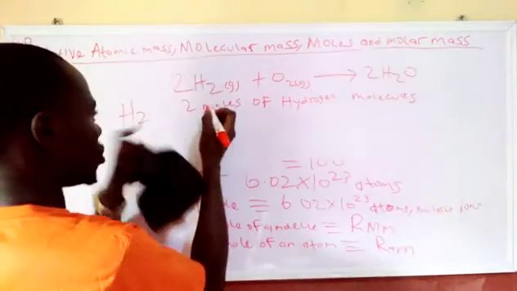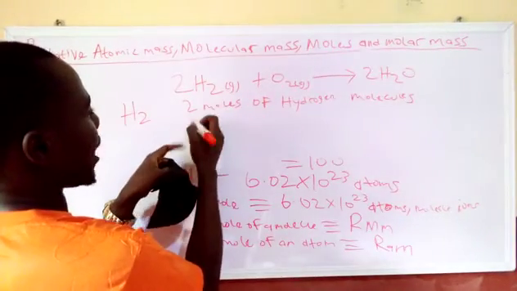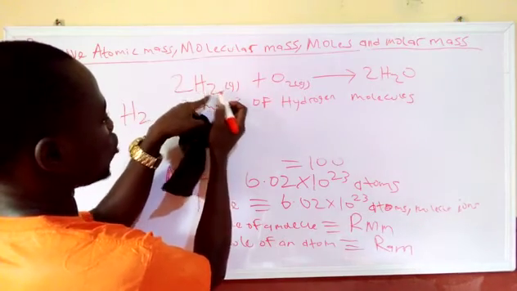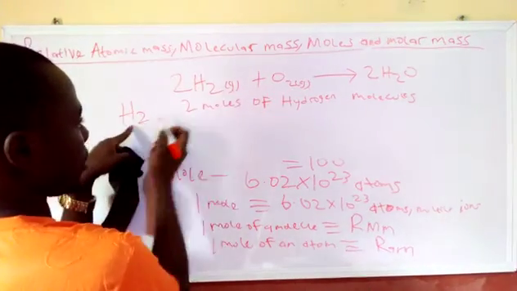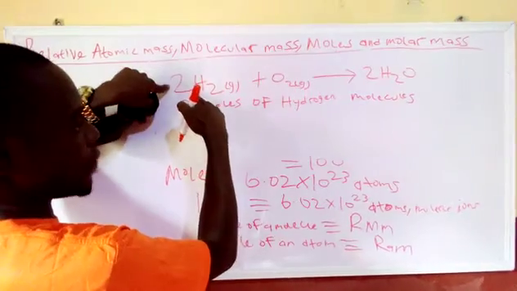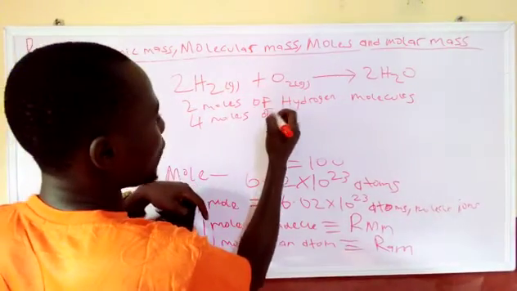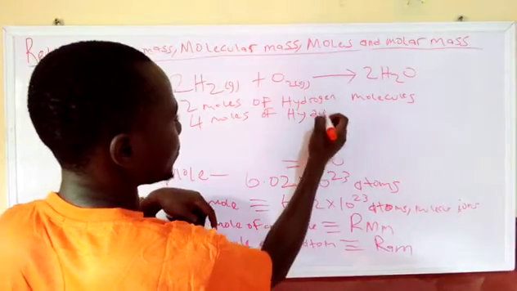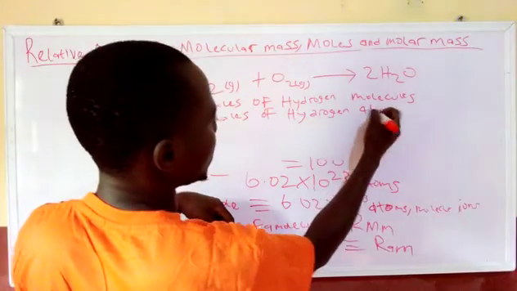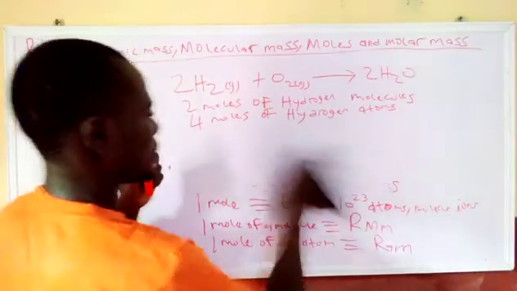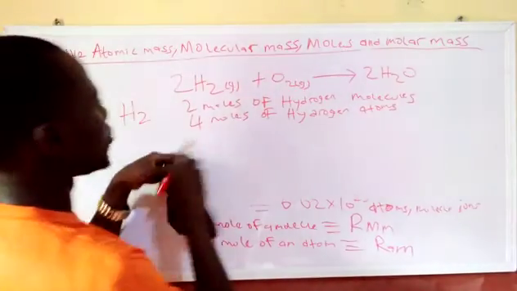The same way goes for atoms. Let's count the atoms. This hydrogen has 1, 2 atoms, and again 1, 2. Times 2, that's 4. So this one will be 4 moles of hydrogen atoms. Are you getting it? Now let's move again.